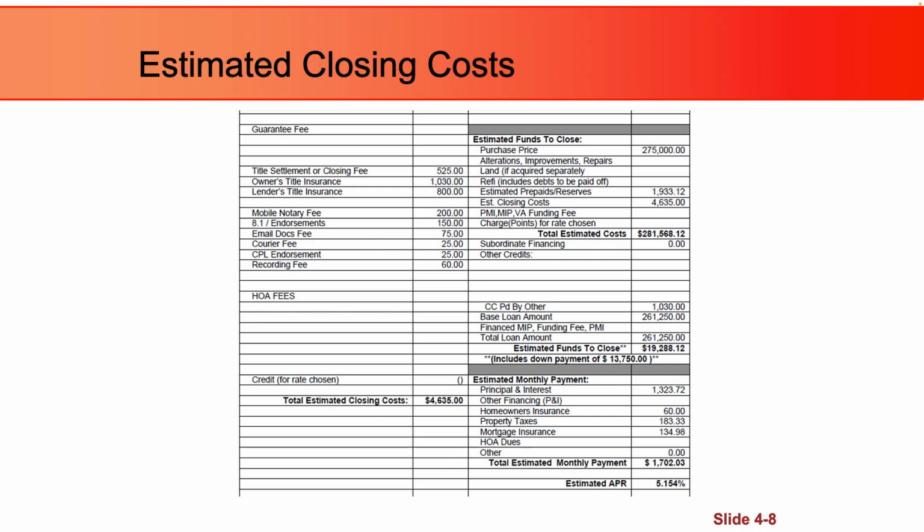You have to buy some insurance on the title to make sure it's transferred correctly, that somebody who maybe owned it before didn't transfer it correctly, and they come back and you don't actually own it or something. So there's all this insurance, there's notary fees, there's an email doc fee. I didn't think it cost money to email, but again, they're charging here $75 to email the documents. So there's all these kind of things.